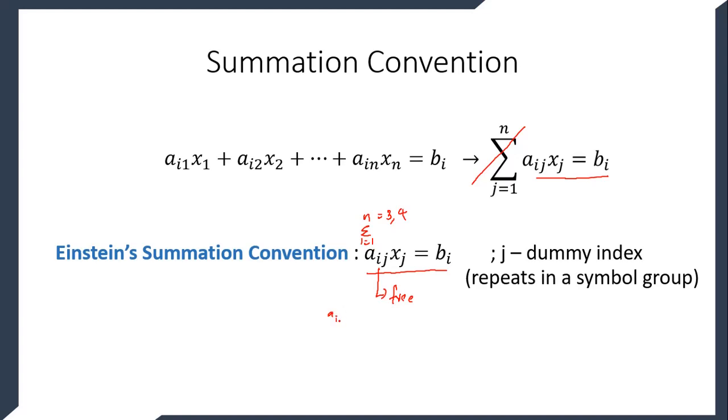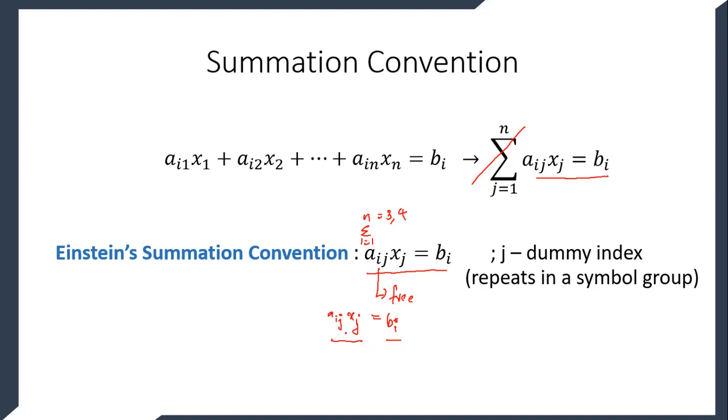We have two different groups here. One group is aij xj and another group is bi. The terms which are written as a product or written as independent are called a symbol group. bi forms a symbol group, aij xj forms another symbol group.